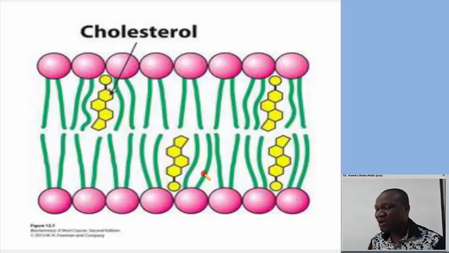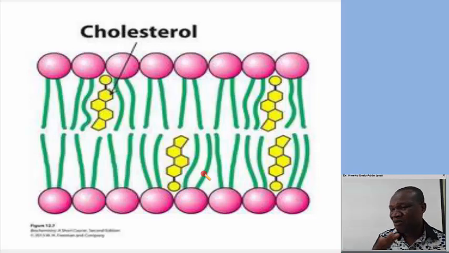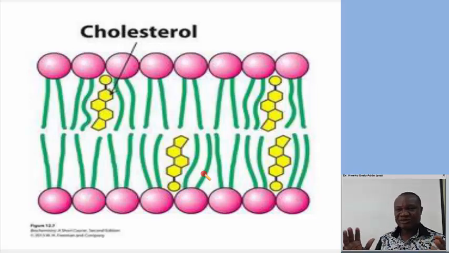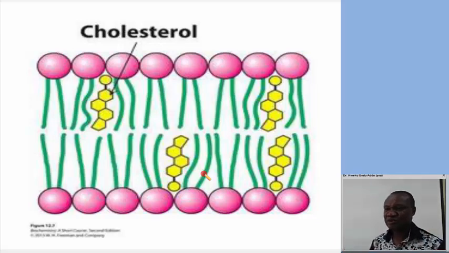Now, cholesterol would decrease the fluidity of the phospholipid bilayer if it's present, even though the phospholipid is fluid. The fluidity is reduced, and it gives stability to the phospholipid bilayer.